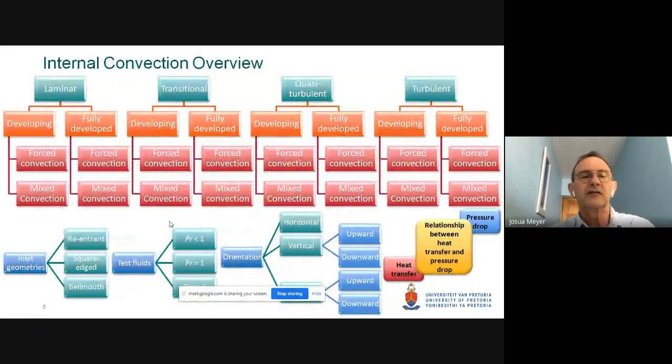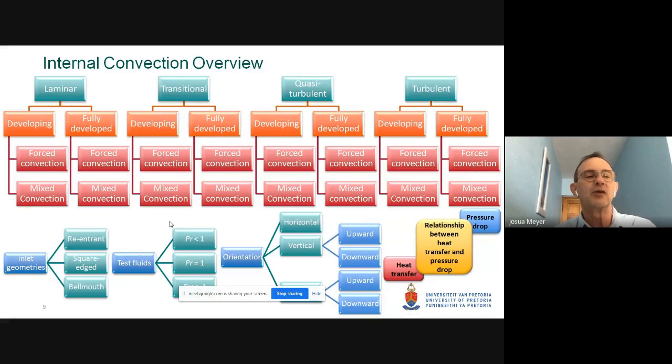Now, if we look at internal forced convection, it is actually a very big and complicated field, and it is actually amazing that not a lot of work has been done in this field. So in the internal convection field, we can distinguish between laminar flow, turbulent flow, transitional flow, and also the quasi-turbulent flow regimes.